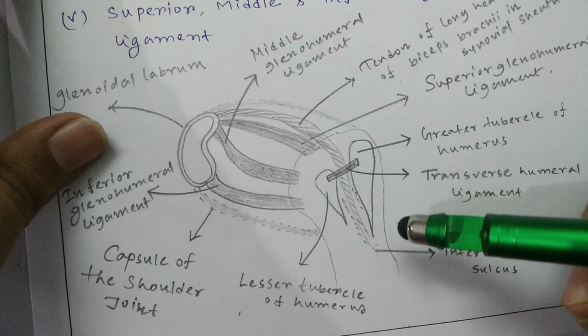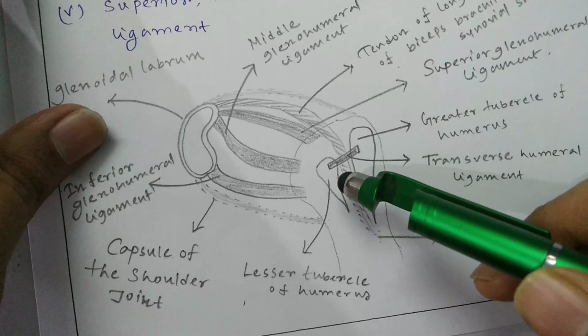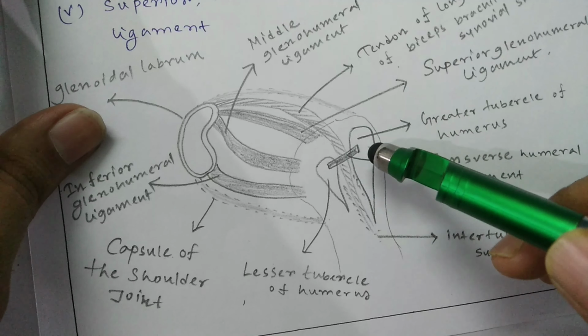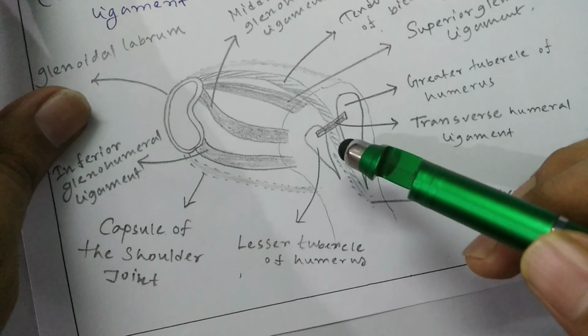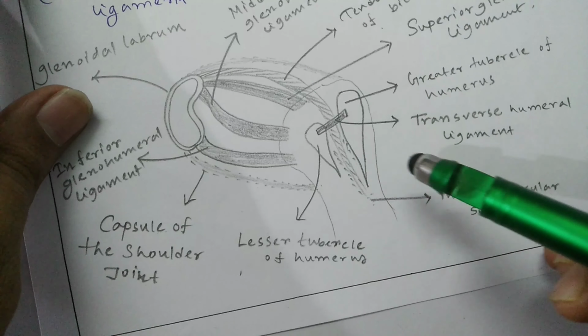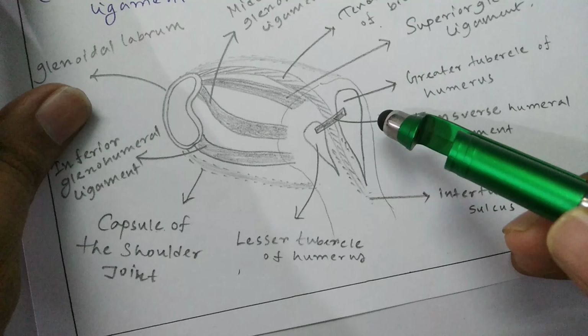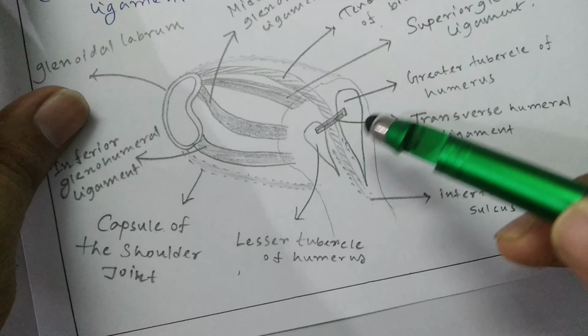It is the head of the humerus, and here a ligament attaches the tubercles. Here is the greater tubercle, and this is the lesser tubercle, and the transverse humeral ligament attaches the greater tubercle and the lesser tubercle.